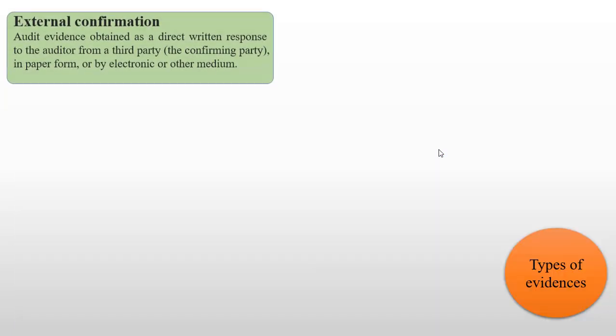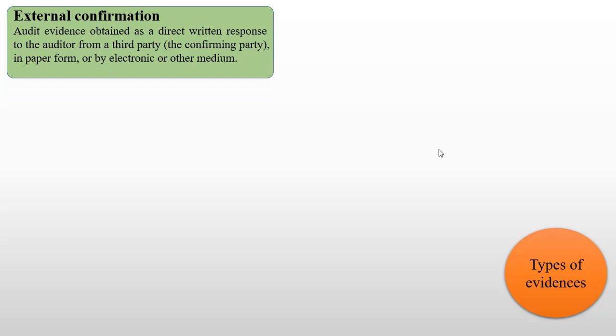Types of evidence: we have first external confirmation. That is audit evidence that we obtain directly from a third party. So this is commonly performed when we try to confirm bank balances or debtors' and creditors' existence.